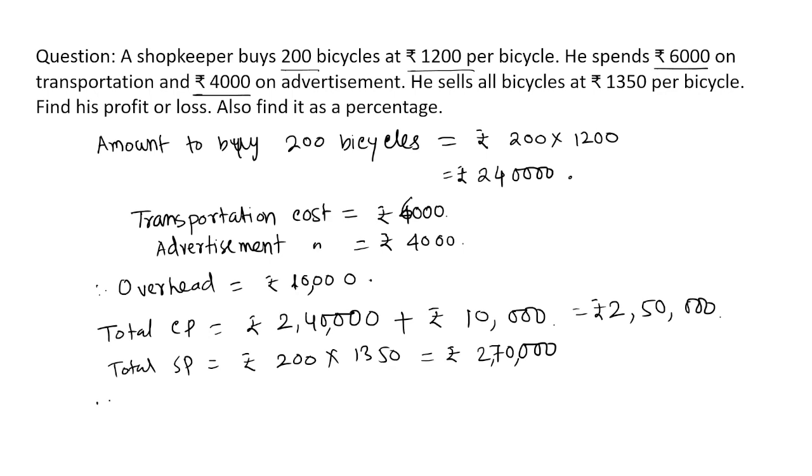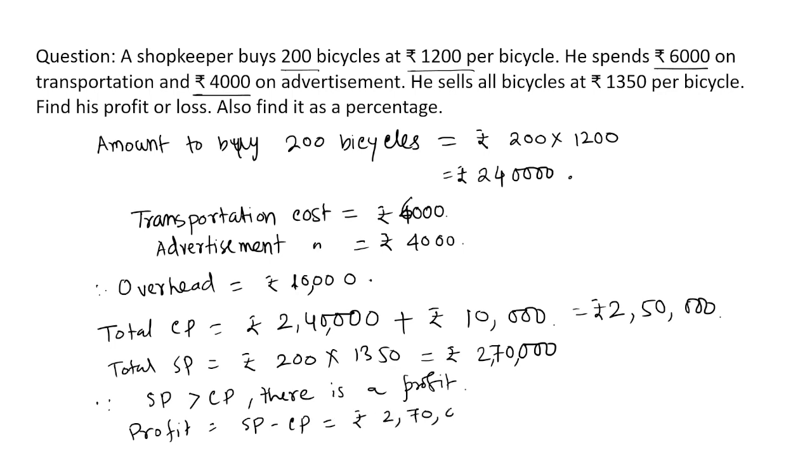As SP is bigger than CP, there is a profit. So how much is the profit? Profit is SP minus CP, that is 2,70,000 minus rupees 2,50,000, and that is 20,000.